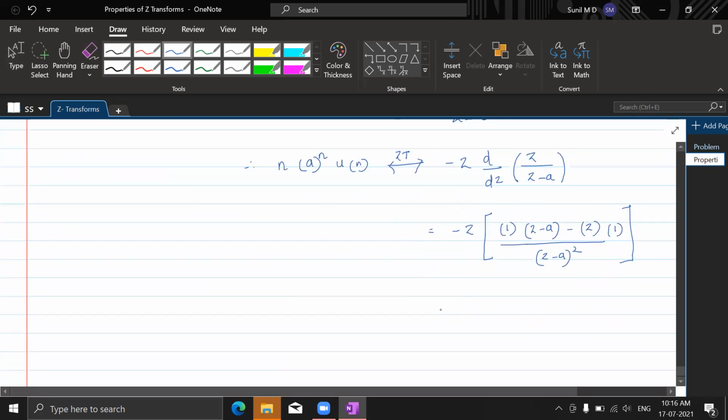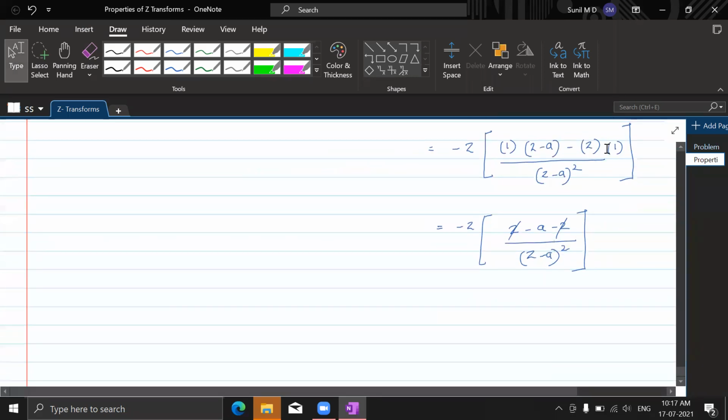Fine. So very similar to what we have seen. This would be z minus a minus z divided by z minus a whole square. So plus z minus z goes off. So you'll be left with z into a divided by z minus a whole square. So this is what, and the ROC?